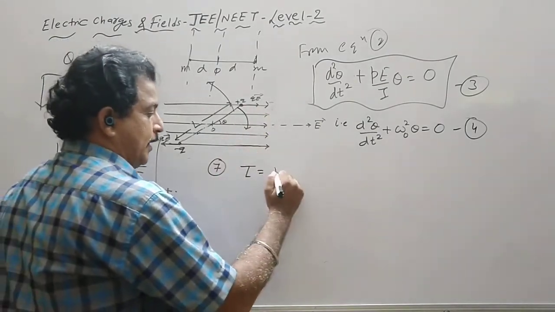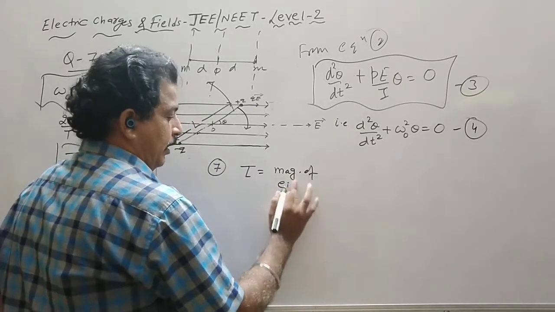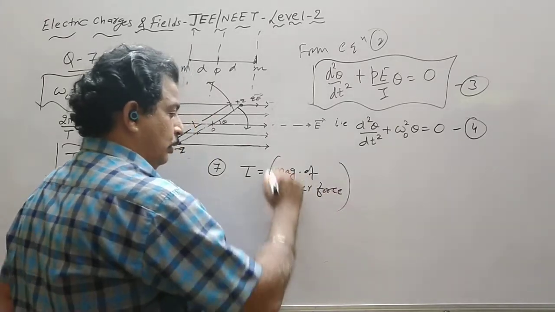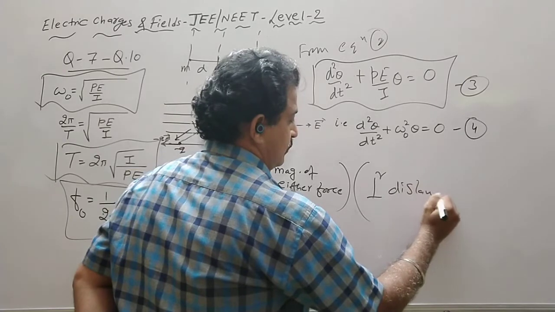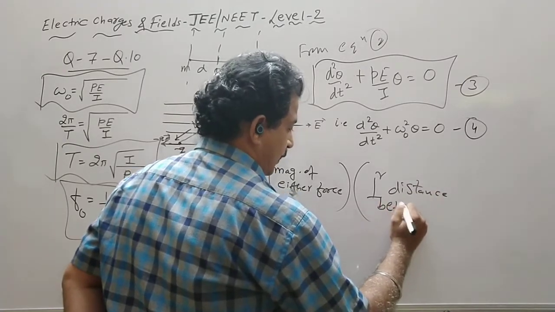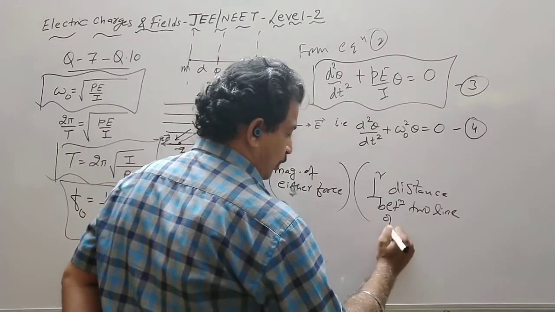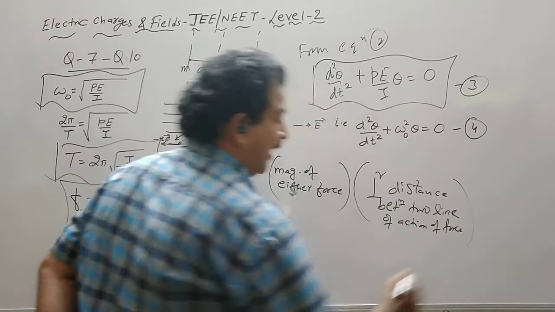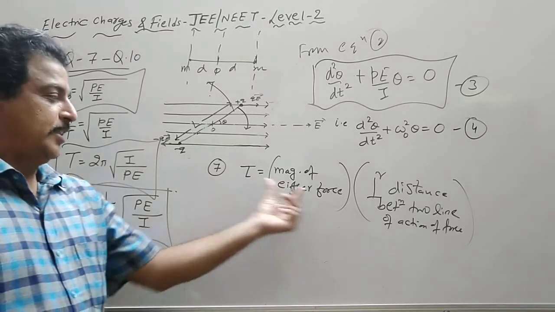So torque is equal to the magnitude of either force into the perpendicular distance between the two lines of action of force. This was a formula in 11. So if we have an arrangement of a couple, then torque is defined like this.